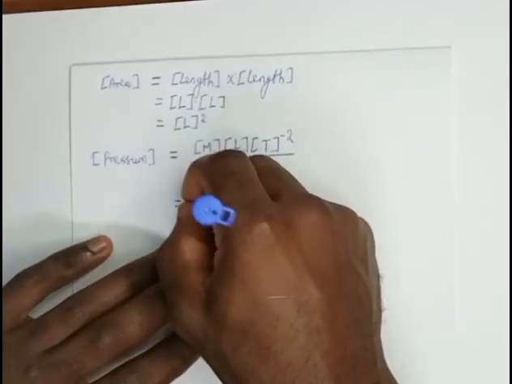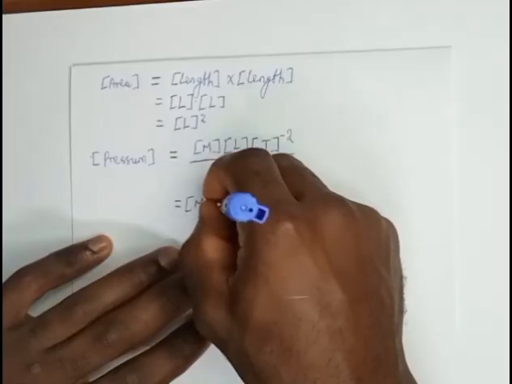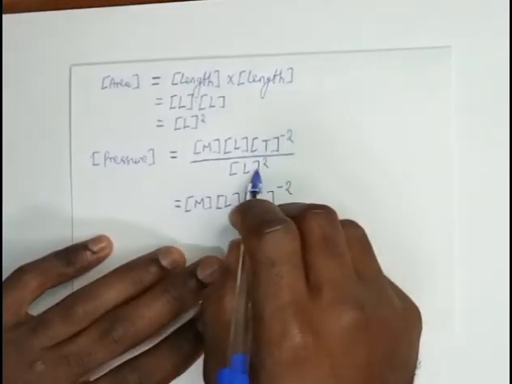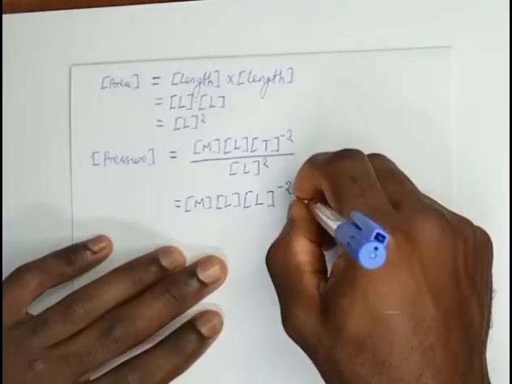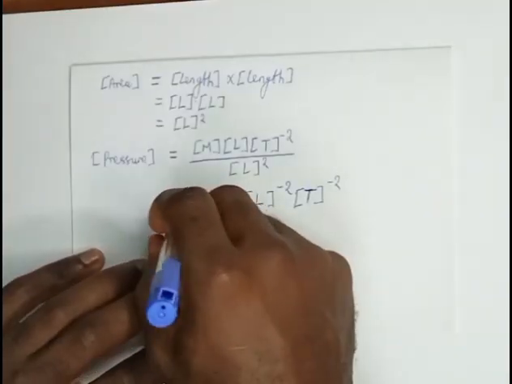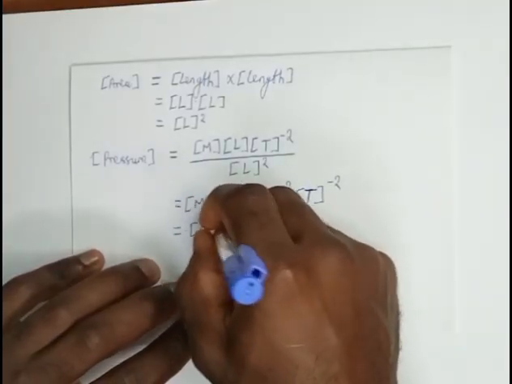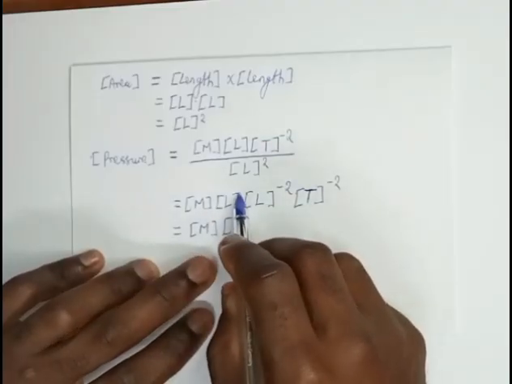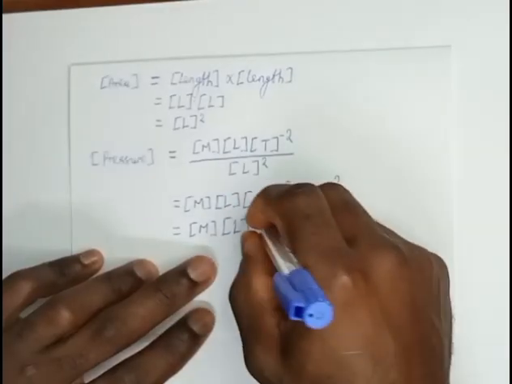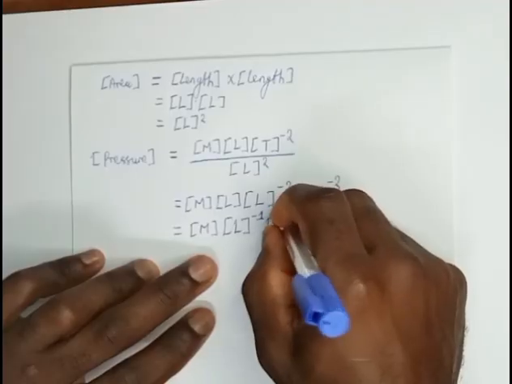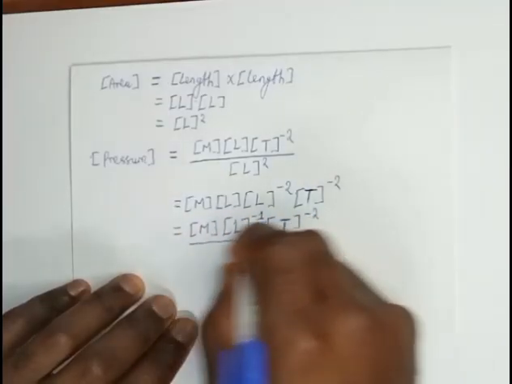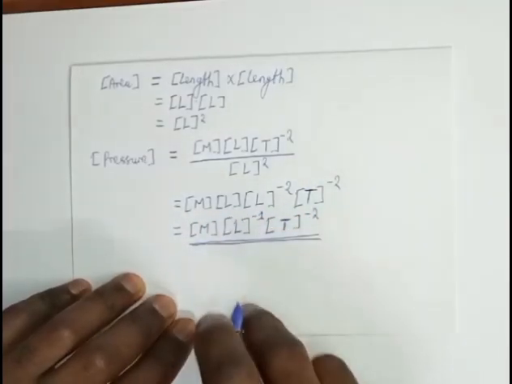This will give us m times L times L to the power -2, this one the denominator, times t to the power -2, and this will be equal to m times 1 minus 2 gives us -1 times t to the power -2. This is the dimensions of pressure.